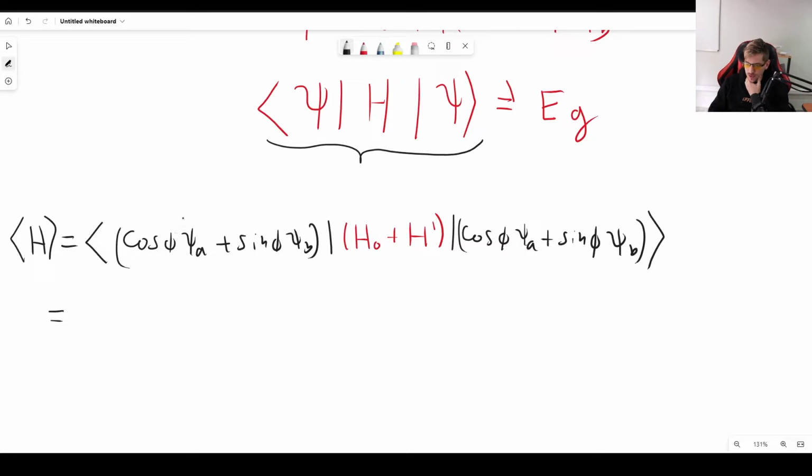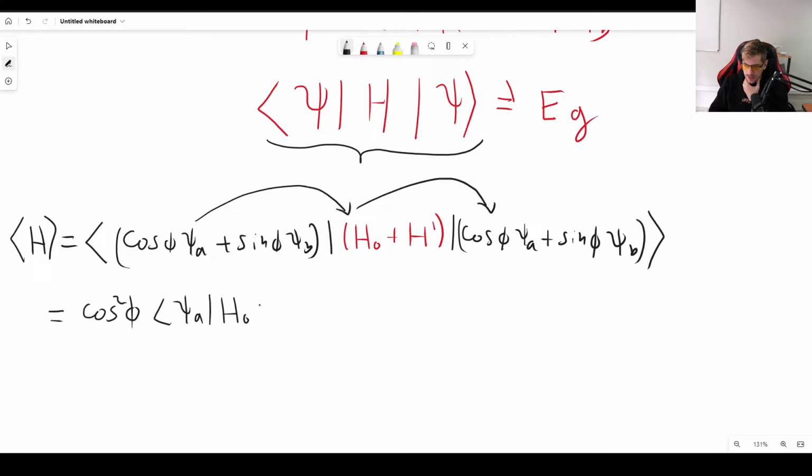So let's do that. So we get cosine phi psi A times H0 times cosine phi of psi A. So since phi is a constant, we can take the cosine outside. So we get cosine squared of phi. And then we get psi A H0 psi A, which we know is EA. Okay, so now let's do the same, but for a different one.